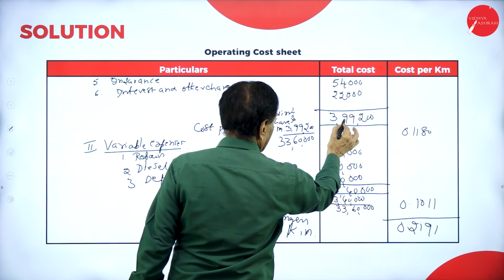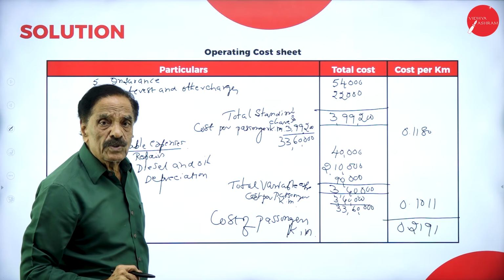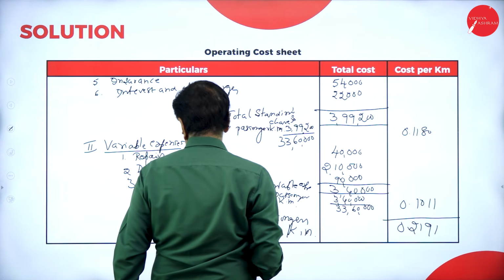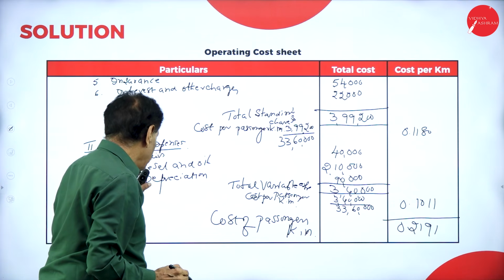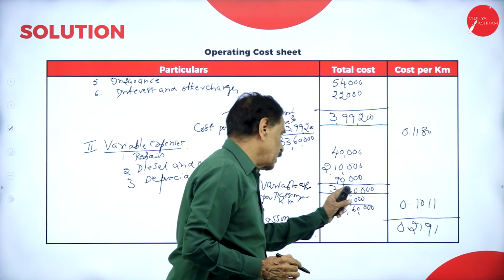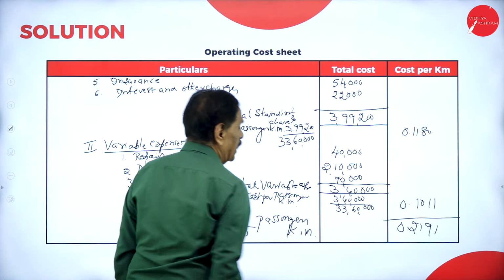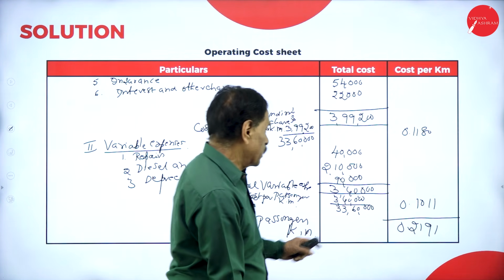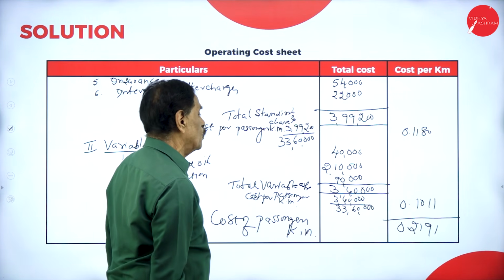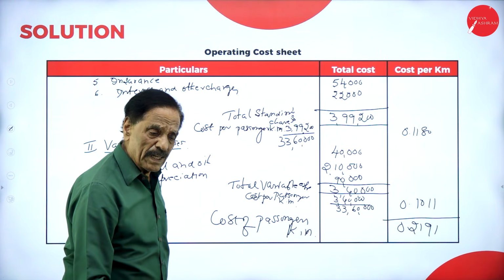Totally 3 lakh 99,200 divided by 33 lakh 60,000 works out to 0.1180. Now variable: repairs, diesel and oil, depreciation, 3 lakh 40,000 divided by 33 lakh 60,000 works out to 0.1011, totally 0.2191 cost per passenger kilometer.